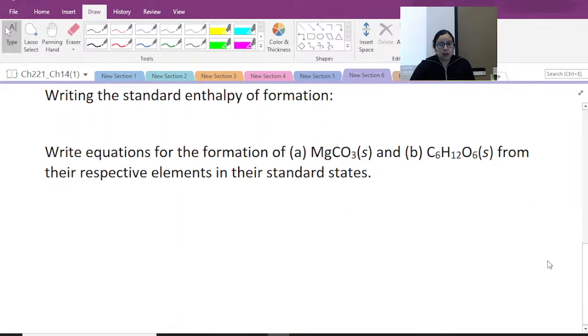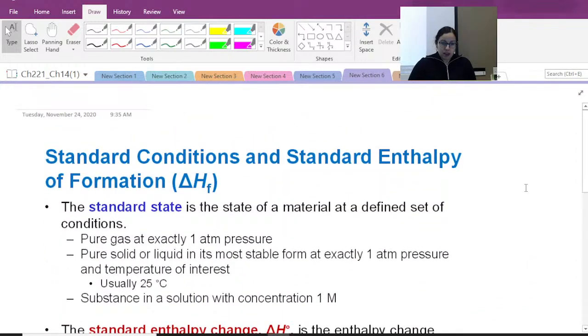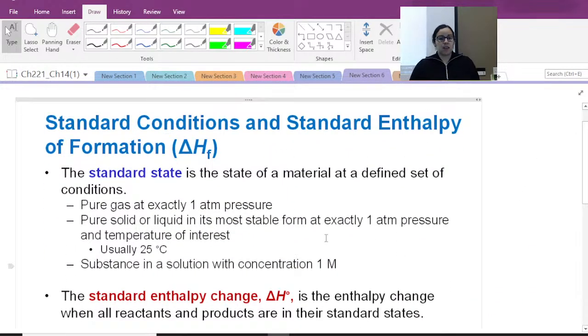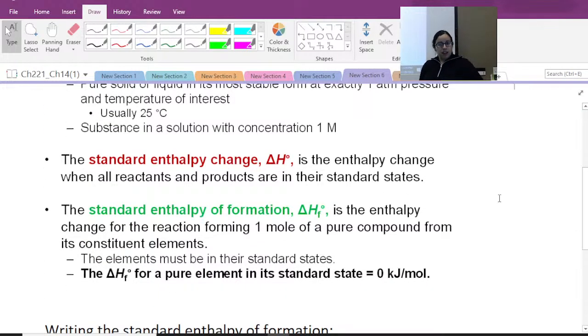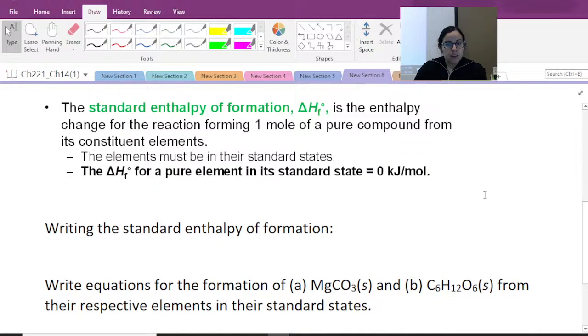Okay. And so this is, again, repeating our standard enthalpy of formation so we don't forget. And so now we have, well, what is the standard enthalpy of formation? So what does it mean?